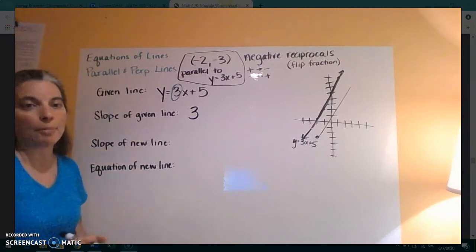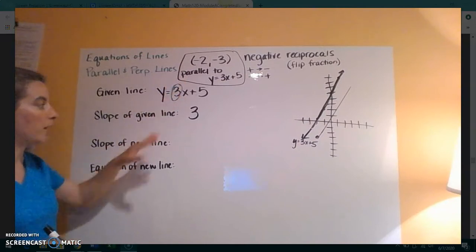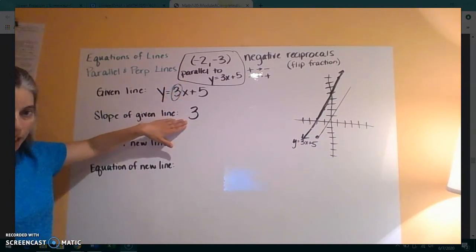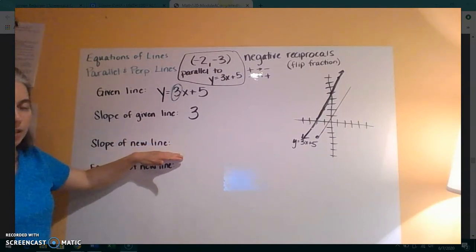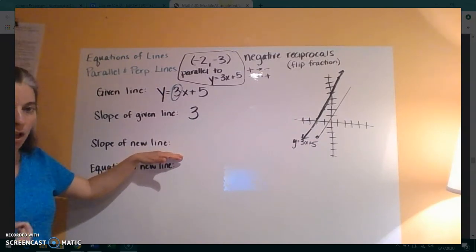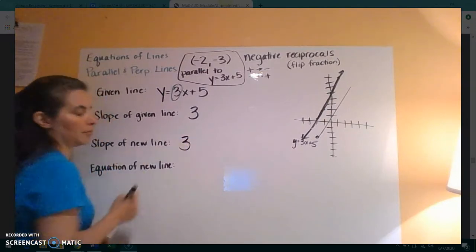All right, now I'm trying to write the equation of a new line that's parallel to this one. So if I know the slope of this line is 3, and I'm working towards writing the equation of a line that has a parallel slope, well, we know that the slopes are going to be the same, right?